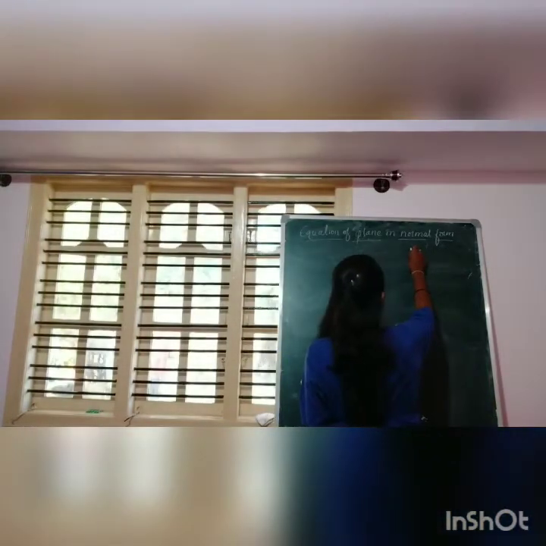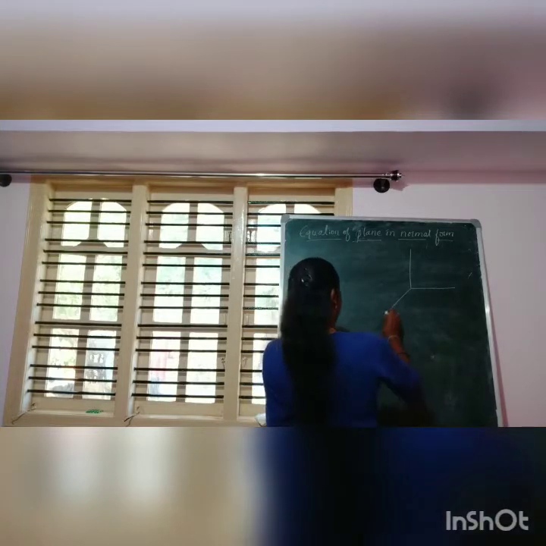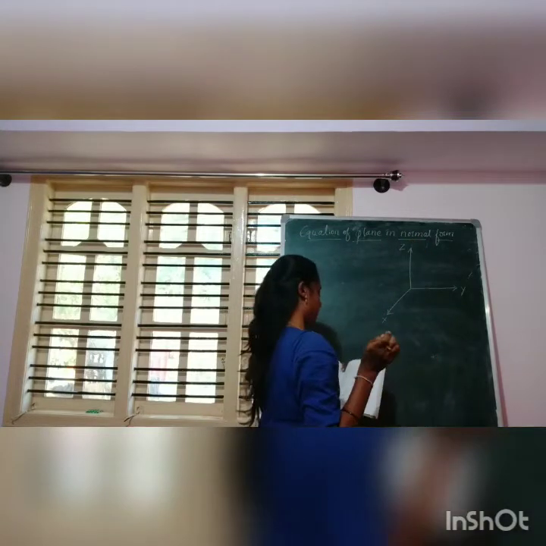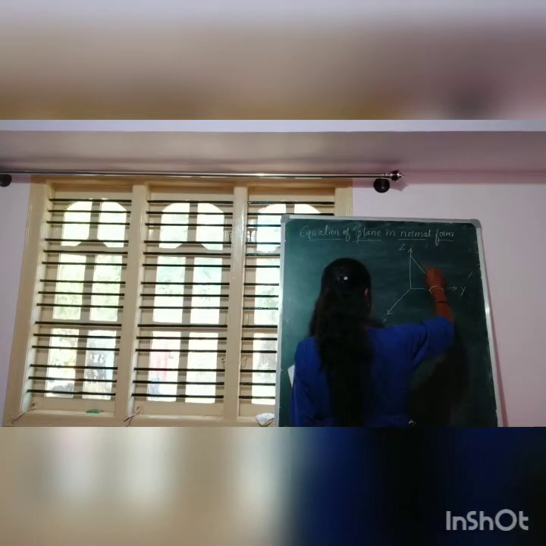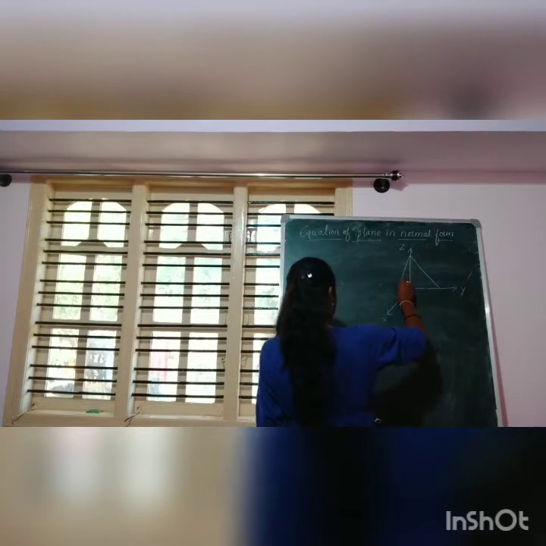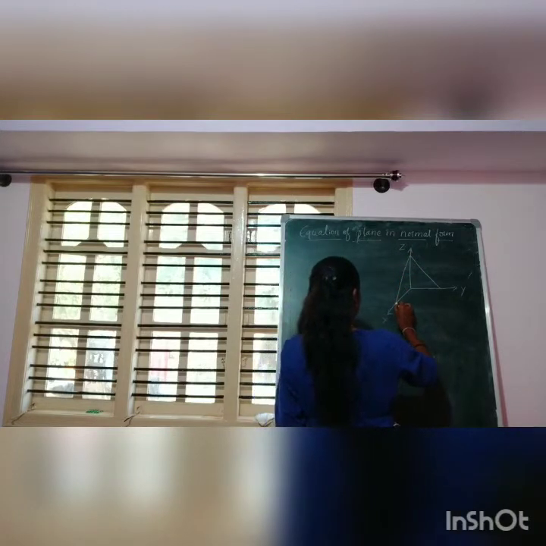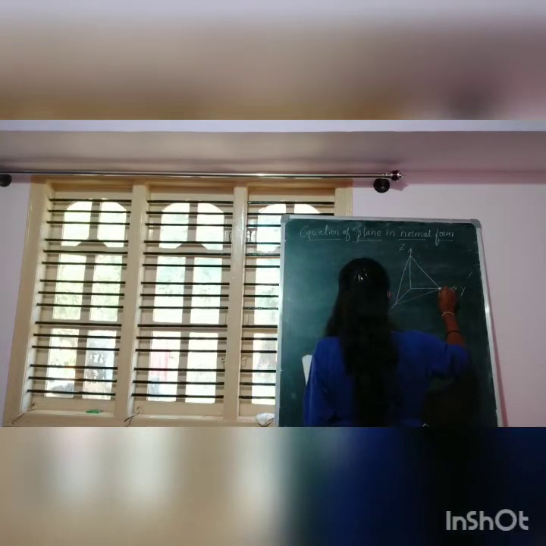Here is the x-axis, y-axis and z-axis. X, y and z. So here I'll consider three different points on each axis and I can call it, so this is the plane.